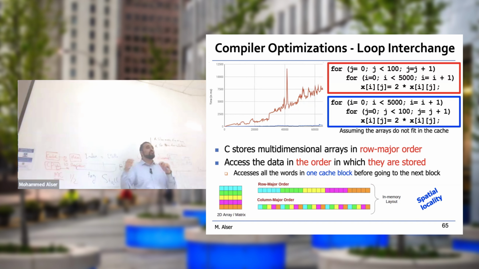The tool will give you the memory pattern and how many misses, how many hits, and so on. And then you can decide what kind of optimization you would do. Some compilers will be smart enough to change that for you, even if you use the red code, like the one on top. You might notice the performance is similar to the blue, because the compiler did a great job optimizing your code.